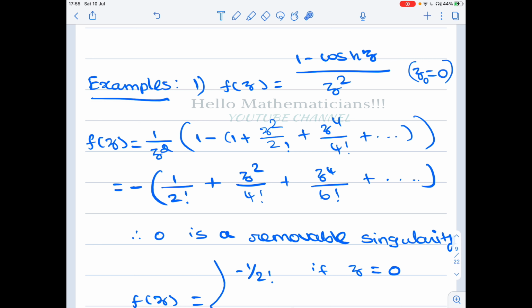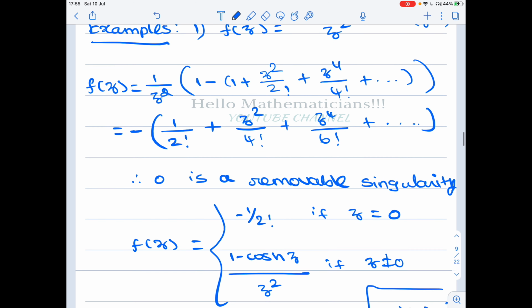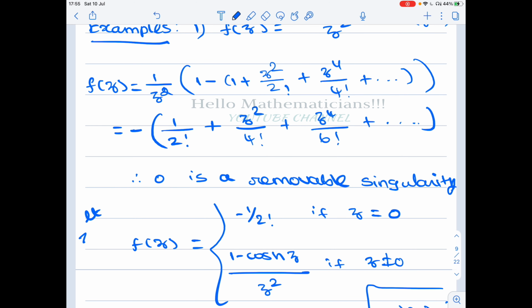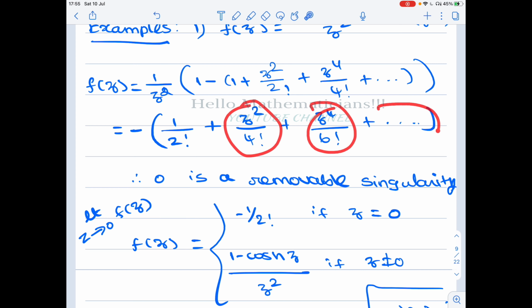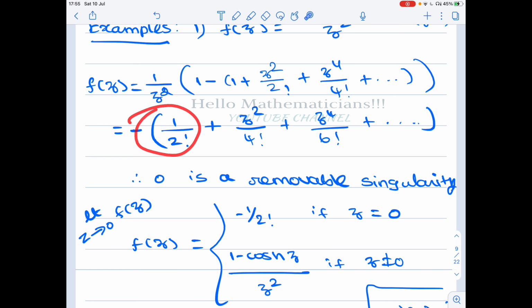Now this shows that if you find the limit as z tends to 0 of f(z), all these higher powers will be 0, and you will get only −1/2!.